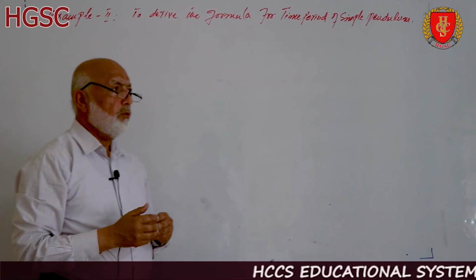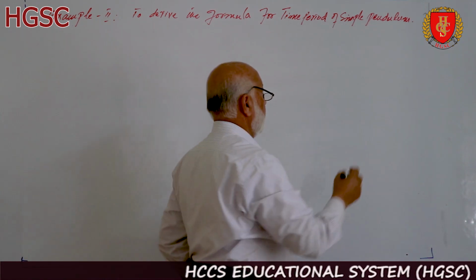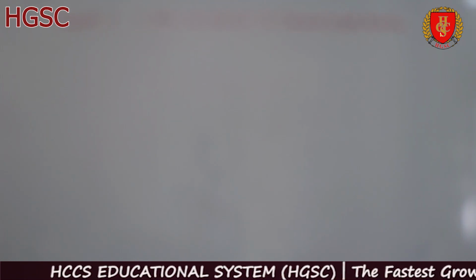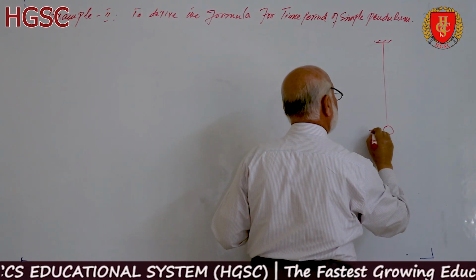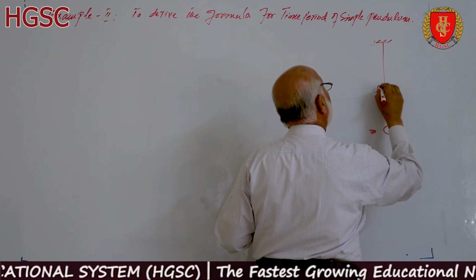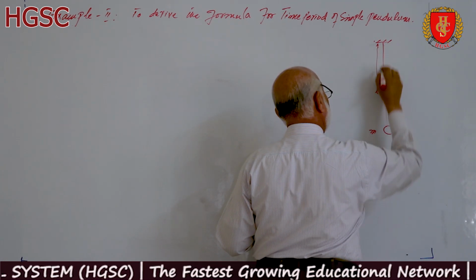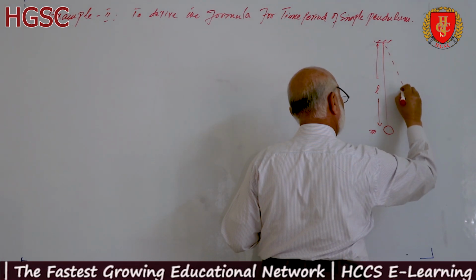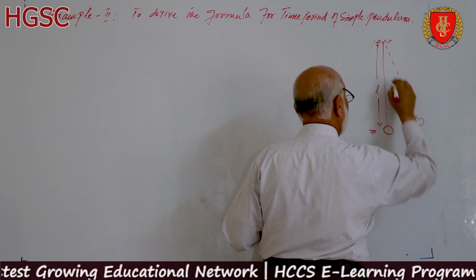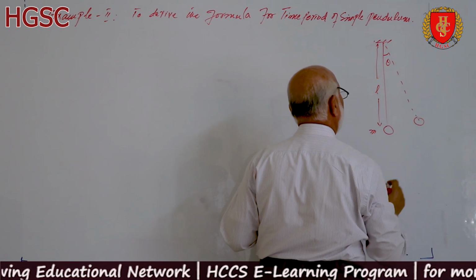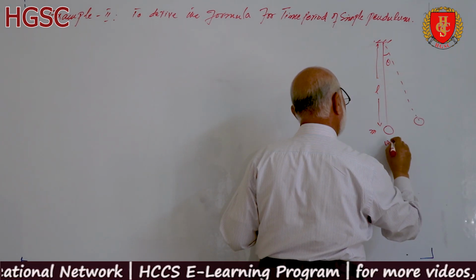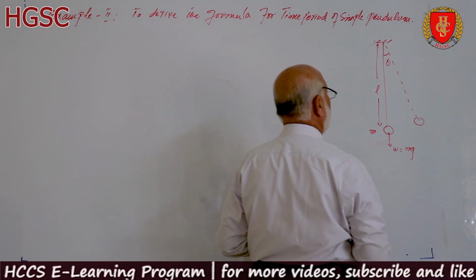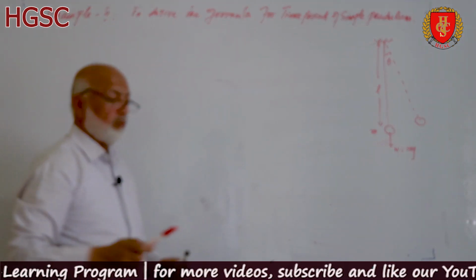There are 4 parameters in the pendulum: mass of the pendulum, length of the pendulum, theta and value of g. So there are 4 parameters.